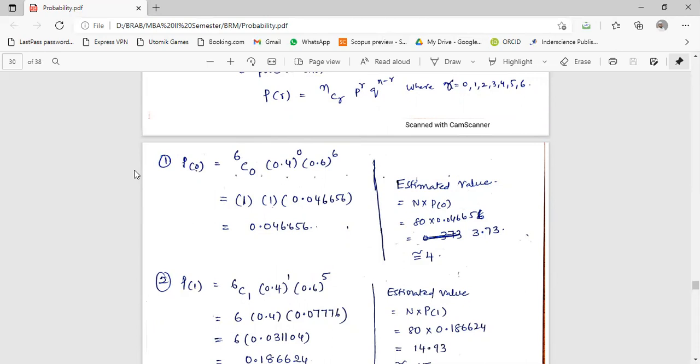3.73 means approximately 4. What is this symbol known as? Can anyone tell me? This is equal to, and what is this? Congruence, correct.